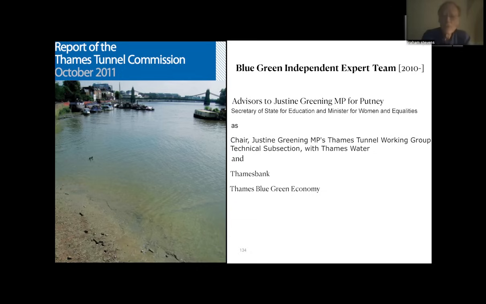We formed a group with Justine Greening, and I formed a group with experts, a blue-green independent expert team, to examine the need for the tunnel. And this first meeting took place in 2010.